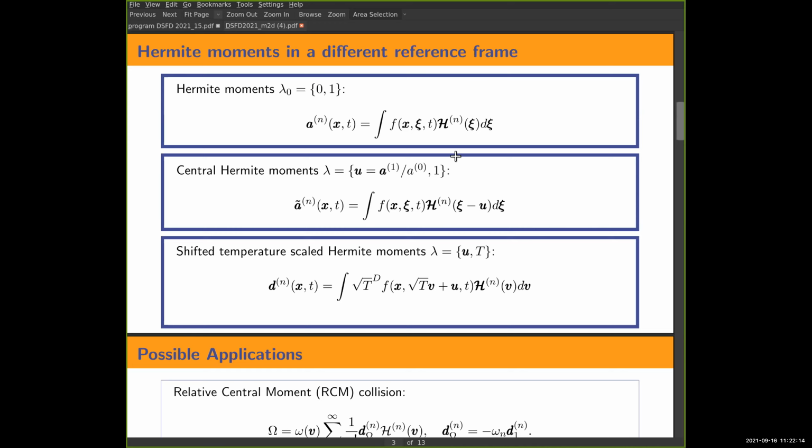The Hermite moments can also be used in a central form and in a form of arbitrarily shifted velocity, where velocity is taken not from the current point, but from some point defined by the scheme, and also scaled with a temperature, which amounts to a variable change in integration, where the variable is actually the argument of the exponent in the Maxwell distribution.